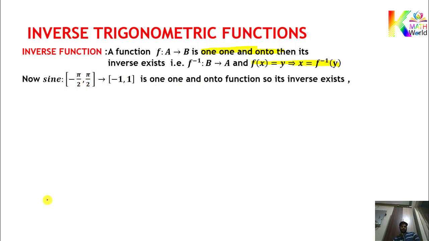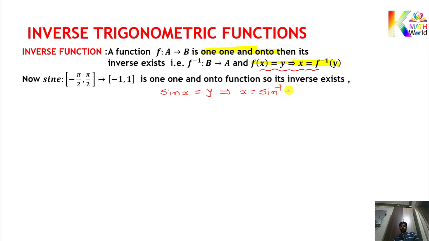So if we choose x from this, then apply sine on it, that is sine of x equals, suppose the answer is y. Sine x equals y, then we can say x equals, in the same way, as f converted to f inverse, sine converted to sine inverse.